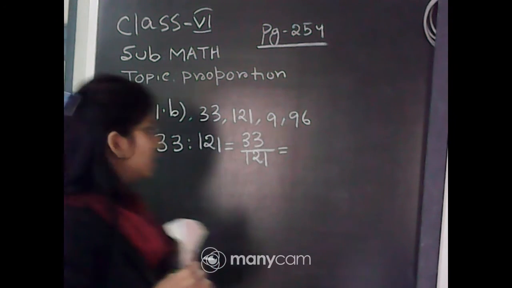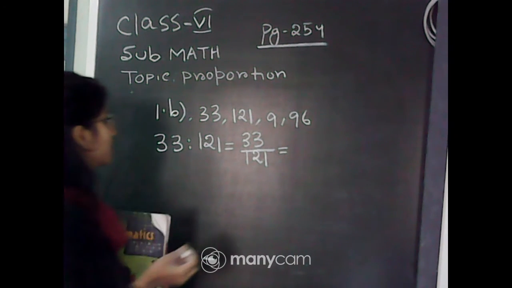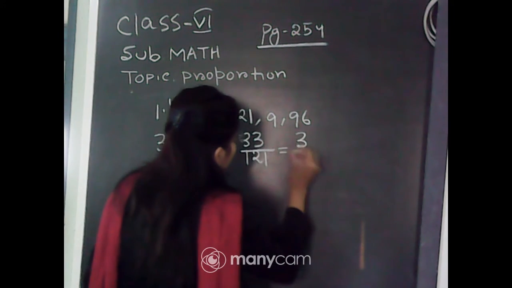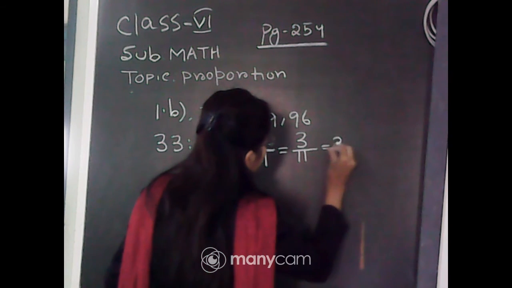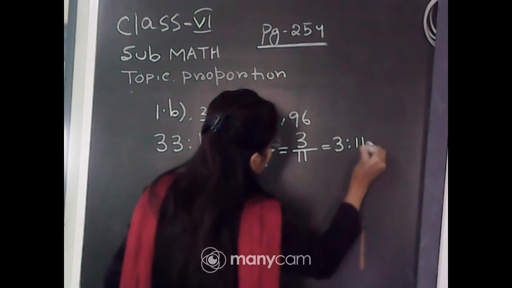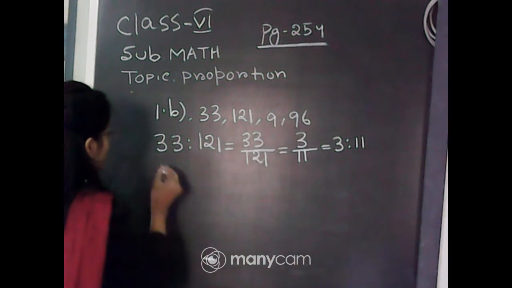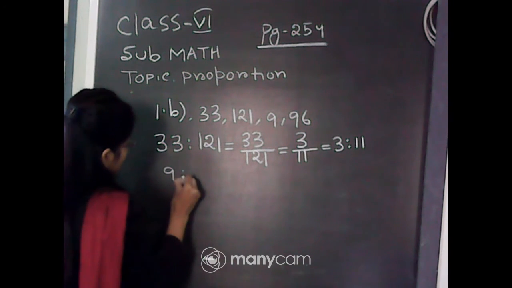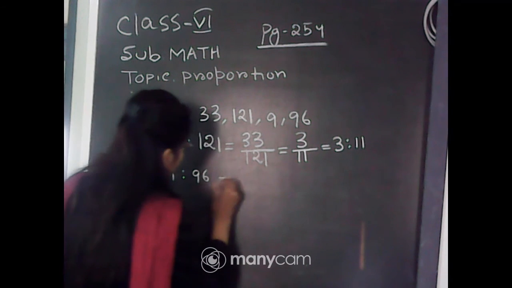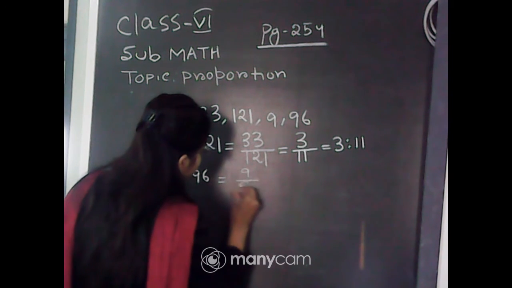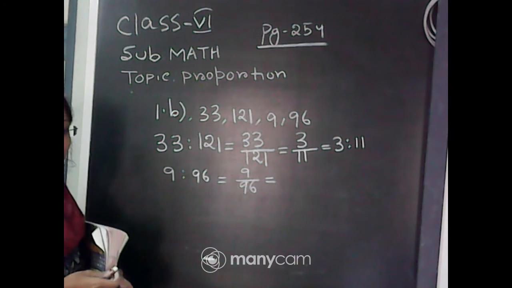Yes, 11. Therefore, we divide both the numerator and the denominator by 11 and we get 3 divided by 11, that is 3:11. Again we will find the ratio of 9 and 96. Therefore, 9:96 is equal to 9 divided by 96.